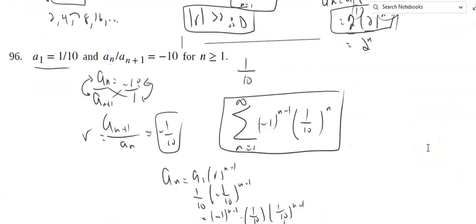Here, we know that absolute value of r is absolute value of negative 1 over 10. That is 1 over 10. That's less than 1. Therefore, it converges, and I can even find the sum. This infinite series will equal the very first term divided by 1 minus r.